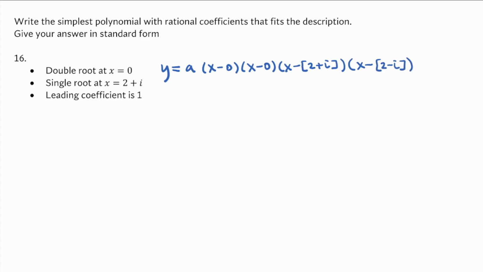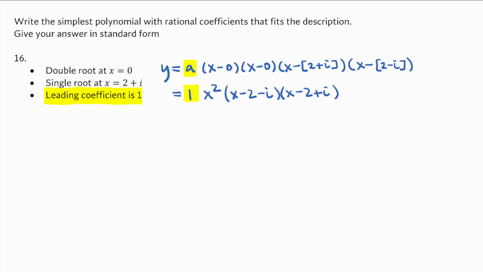And I'm going to start to simplify things and distribute. First of all, if they're saying the leading coefficient is 1, that means a needs to be 1. So just put that in there. x minus 0 times x minus 0, that's just going to be x squared. And then I'm going to distribute these negatives. x minus 2 minus i multiplied by x minus 2 plus i.